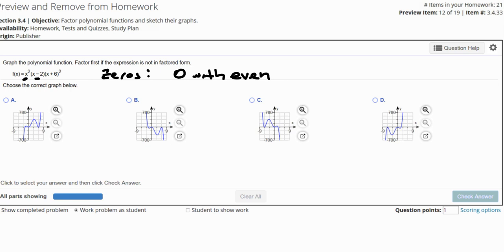I have here a +2 with odd multiplicity, so it's going to cross. So this one bounces, this one crosses. And then at -6, I'll also say -6 and 0 with even, so it's going to bounce at -6 also.